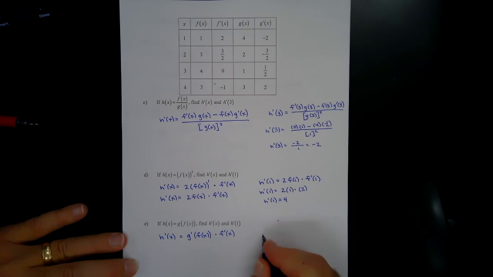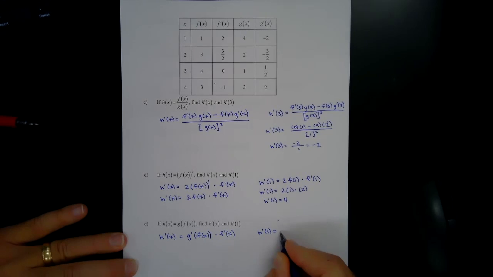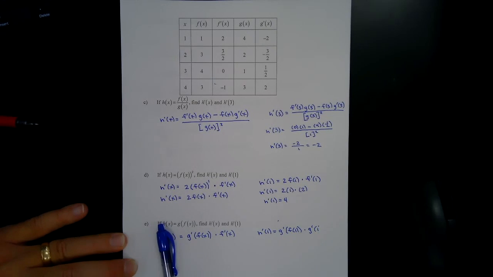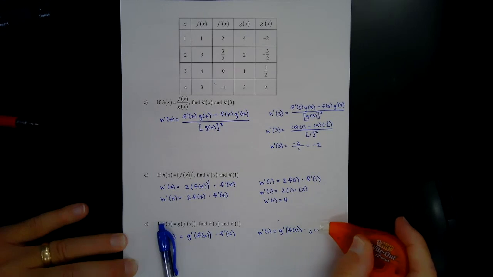Now let's find h prime of 1. So h prime of 1 is equal to g prime of f of 1 times g prime, sorry, not g prime, f prime, right?